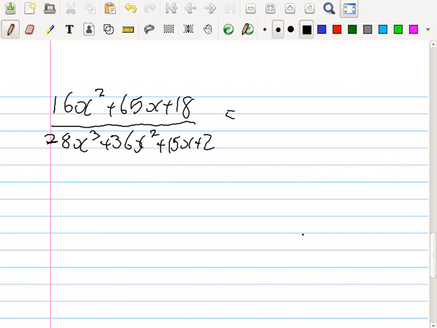So let's have a look at what that cubic could be at the bottom. 28, 36, 15, 2. Seven x plus 2 is one answer. 2x plus 1 is the other answer. And then that's it. So that means one of those answers is repeated.